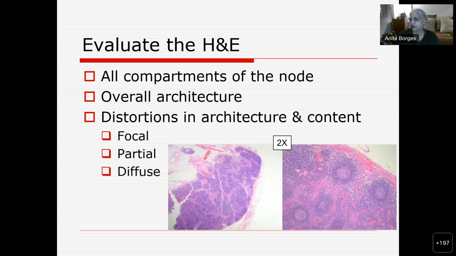So it is not an effacement of the architecture, it is the replacement of the cell content. Whatever was there before has now been replaced. Some of that replacement is physiological, and in some cases it may be pathological. There are some pathologies that do destroy architecture.